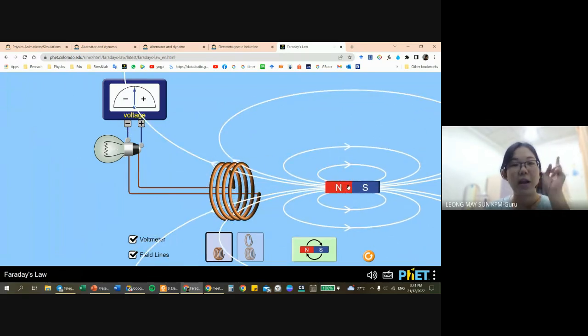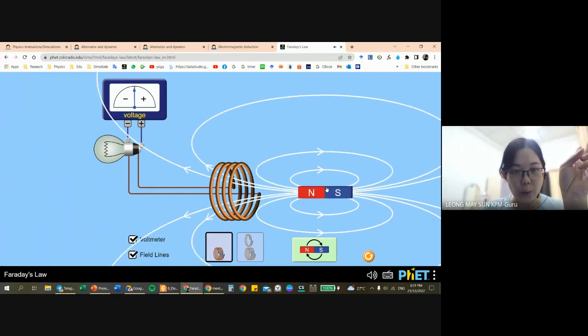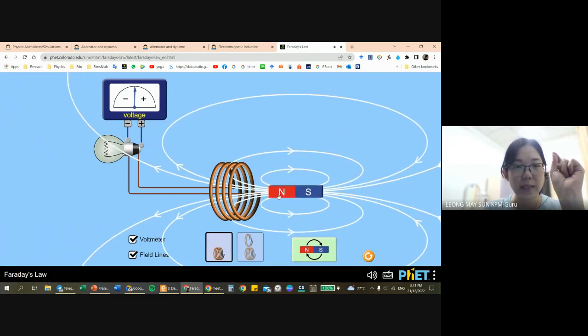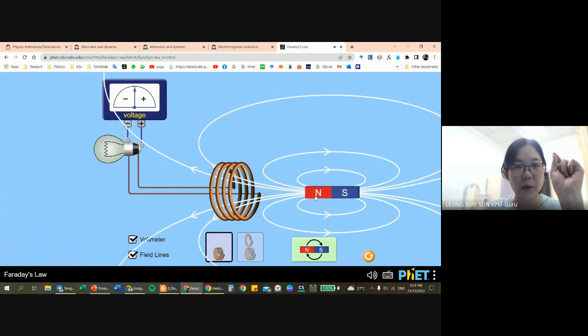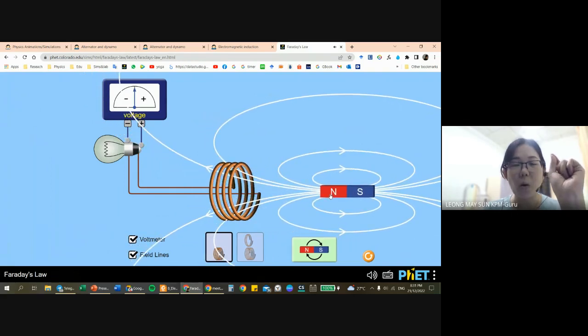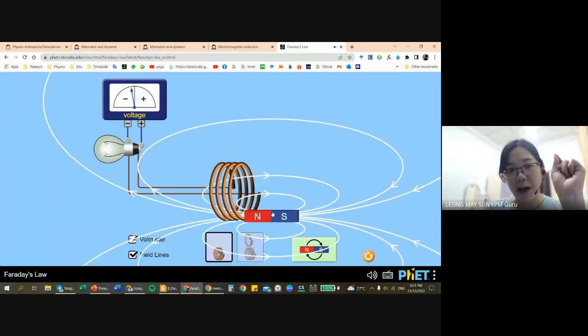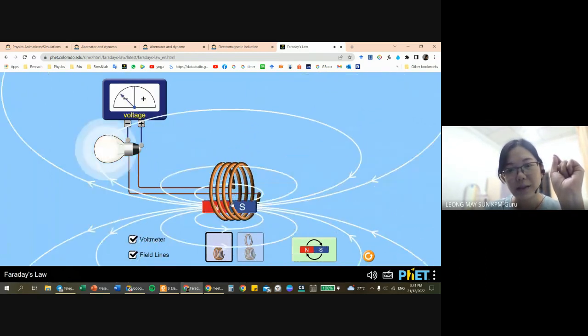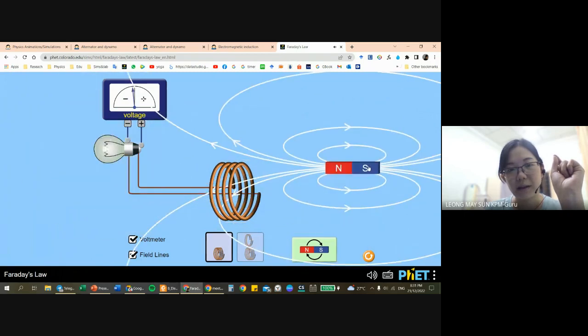Number one. Number two, observe if I go in slow, the deflection is very little. When I move away slow, it deflects towards the positive or the right, also very small. But if I go in fast and I move away fast, the deflection is actually higher. So what does this mean?